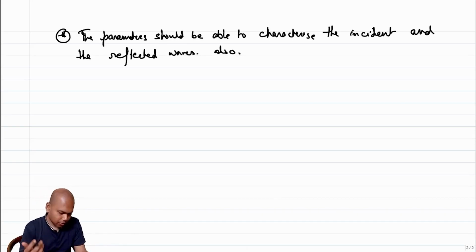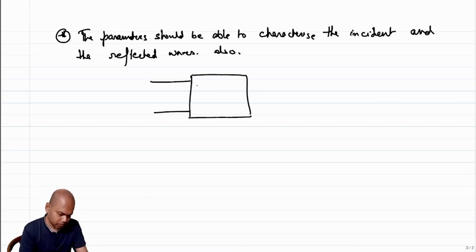Okay, so as long as we are doing everything on pen and paper, it is easy to come up with any parameters, right? So you can come up with your own parameters tomorrow. All you need to do is to be consistent with the framework that you choose. So the framework that people much smarter than us chose years back is that we have a network, a two-port network, right?